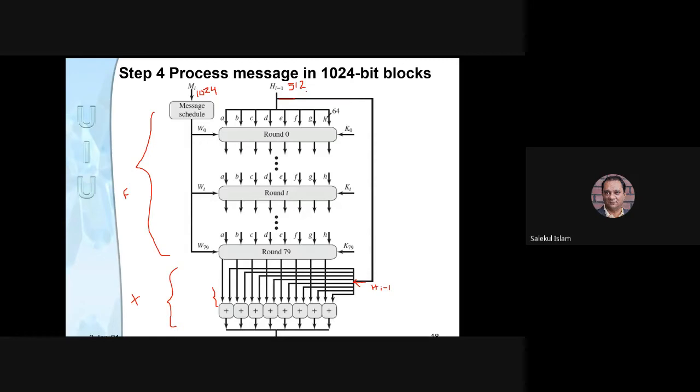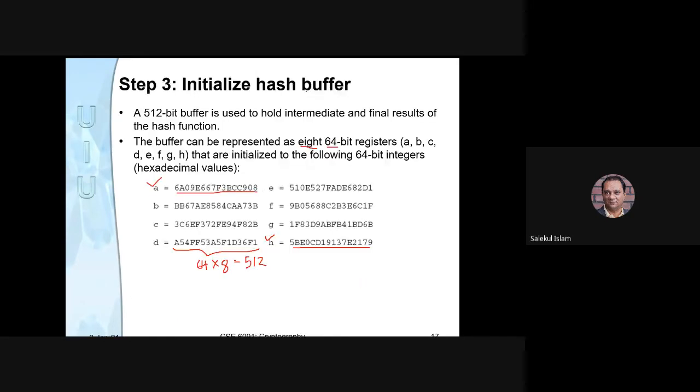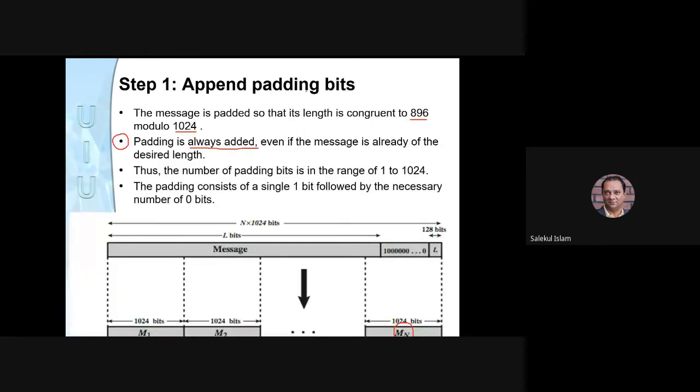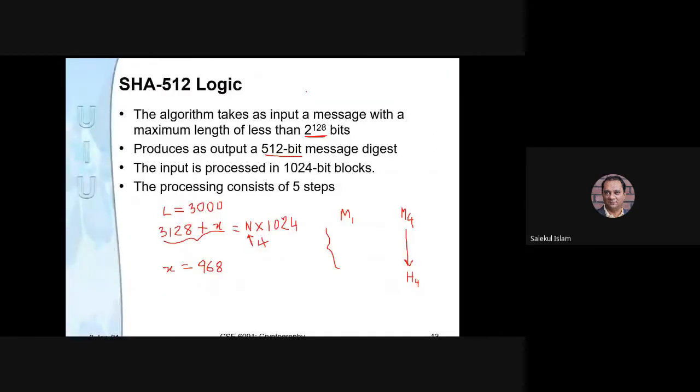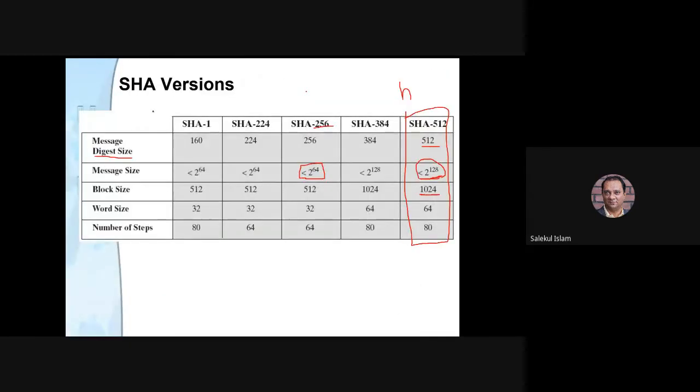Now, if we go back, you will find that we mentioned the number 80 somewhere here. We said that the number of steps is equal to 80. This number of steps means the number of steps inside the f function. And word size is equal to 64.